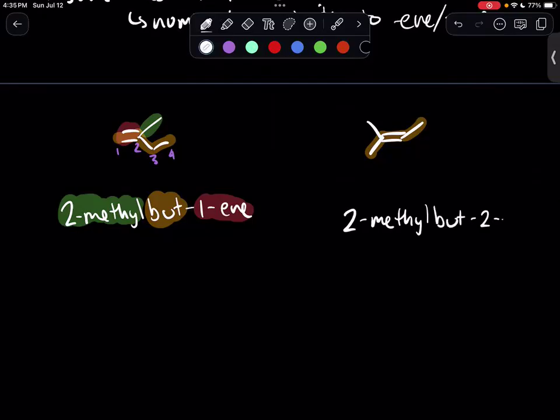But-2-ene, and that's from counting 1, 2, 3, 4. If I counted backwards, our methyl group instead would be on 3. But remember, we want the lowest values for everything. So just keeping things highlighted, once again, 2-methylbut-2-ene.